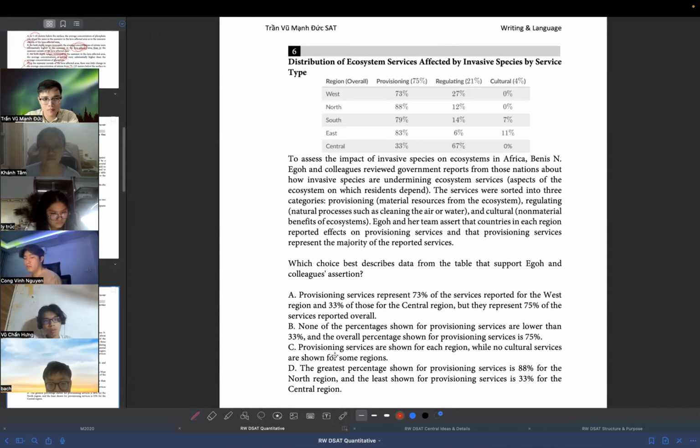6. B. 6B, none of the percentage. What is the assertion?